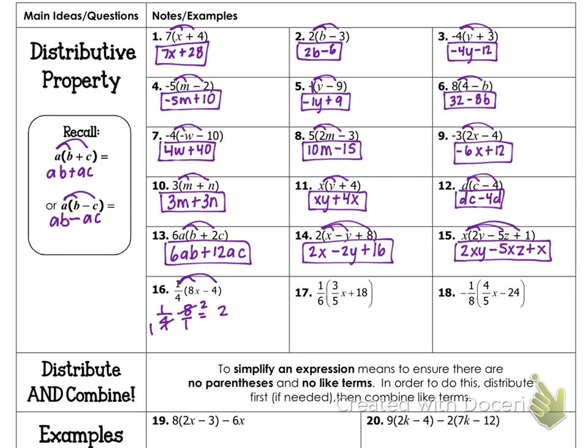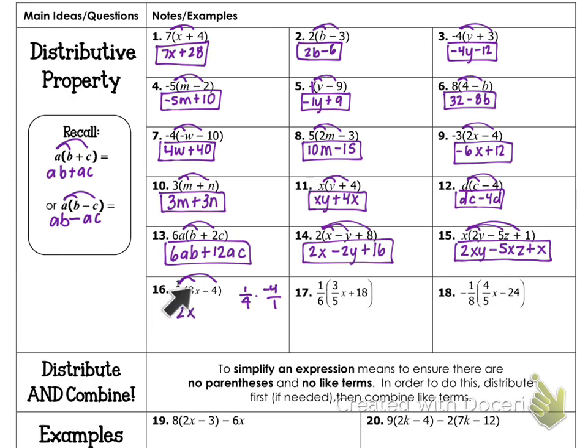Okay, so we can replace 1/4 times 8x with 2x, because we just found out that 1/4 of 8 is 2. So I'm going to replace this number with 2, and then put an x there too, because there's an x here. And then 1/4 of -4, we can do the same thing.